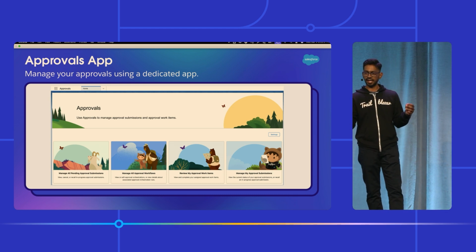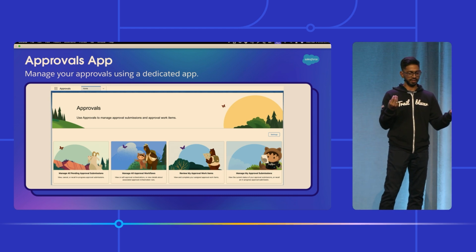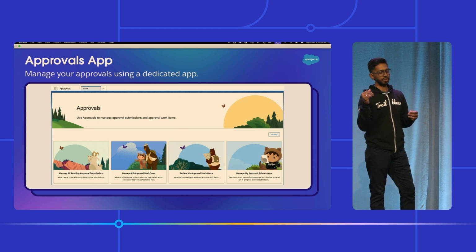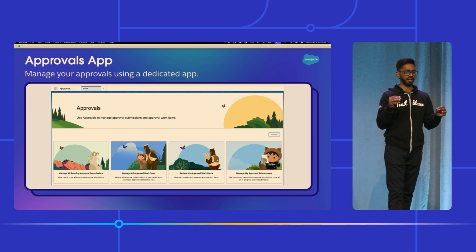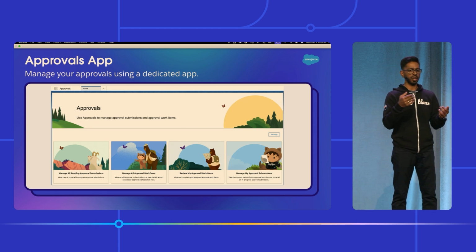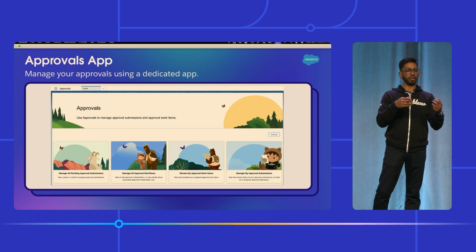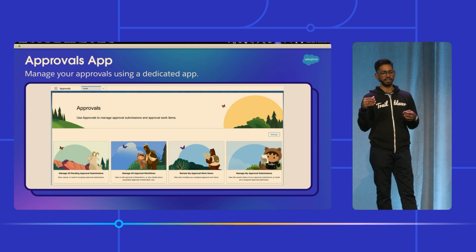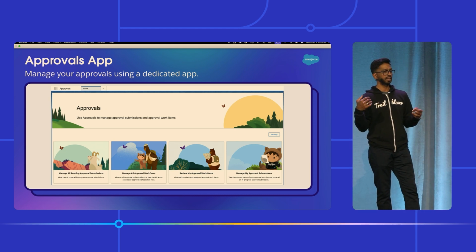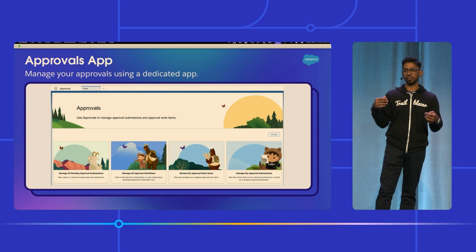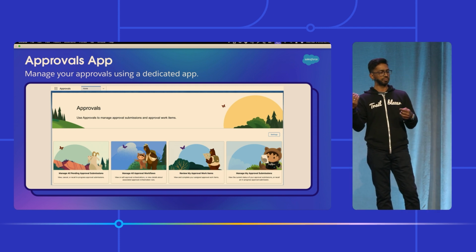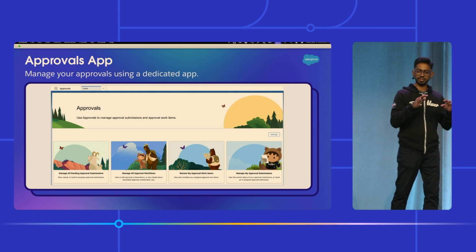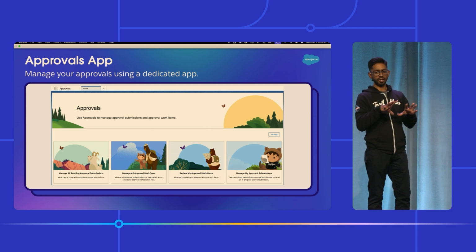If you are a designer, you create approval processes. You can do that from here. You can also look at all the work items, the items that need your attention. You are the approver, and you want to take a look at all the assigned items. You can do that from here. And as an end user also, the things that you initiated, which are waiting for somebody else's action, you can do that. You can look at each approval submission. So this app is all in one.